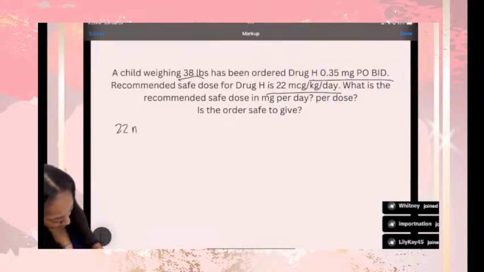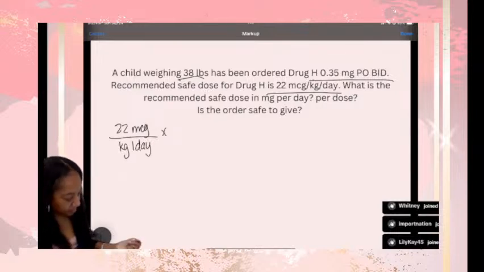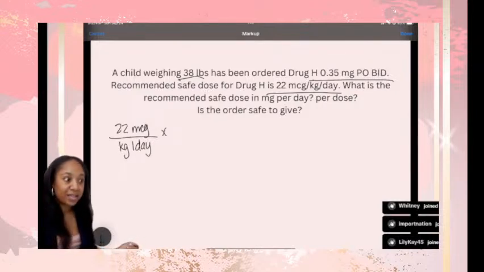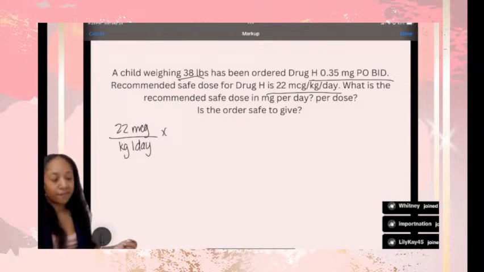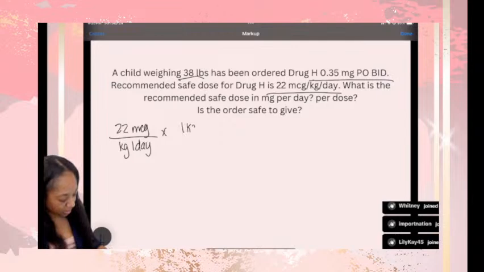So we'll set it up. 22 micrograms per kg per day. So we have kilograms at the bottom, we need kilograms at the top. So we know we need a conversion right here because our weight is in pounds. 1 kg over 2.2 pounds. Kilogram is going to cross out.